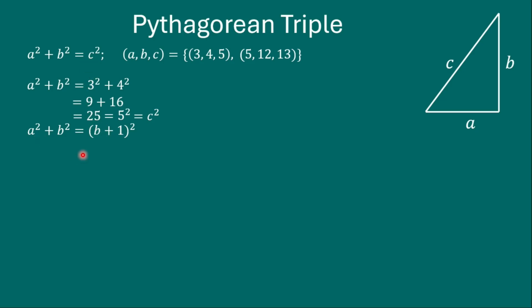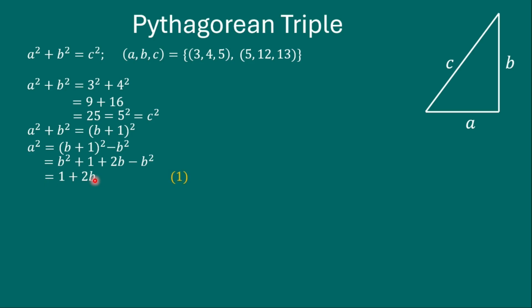From this, I can find a squared equals (b plus 1) squared minus b squared. That is, I'm taking this term to this side, that becomes minus. And now if I open this square, I get b squared plus 1 plus 2b minus b squared, and I can cancel this b squared with this b squared. That allows me to write a squared equals 1 plus 2b.